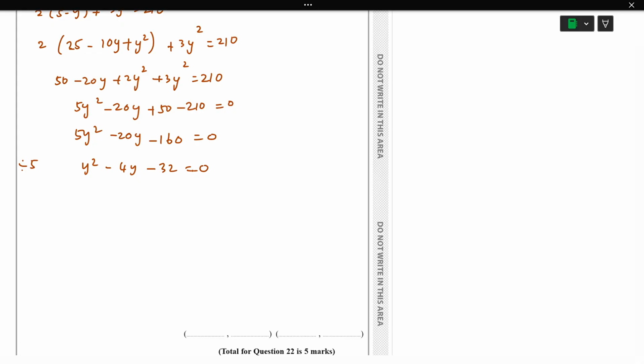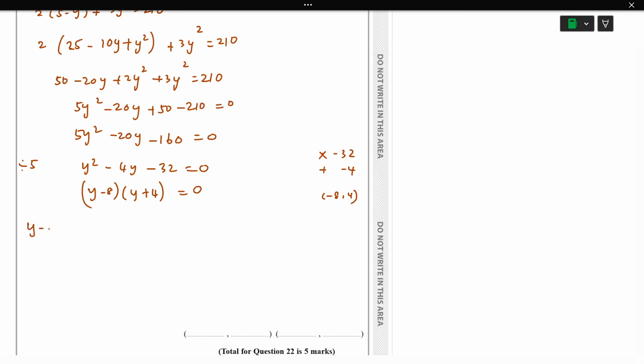Now I need to factorize. Multiplying, I have to get negative 32. Adding, I have to get negative 4. So negative 8 and 4 are the factors. So y minus 8 and y plus 4 equal to 0.